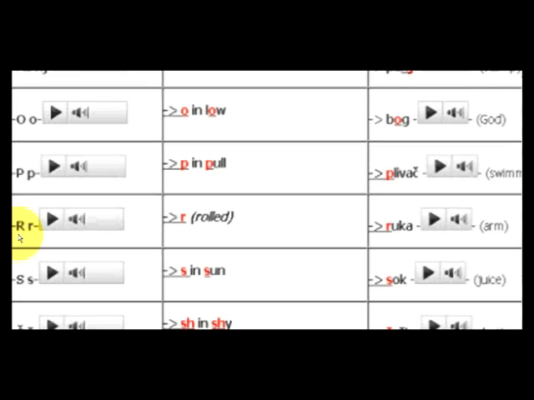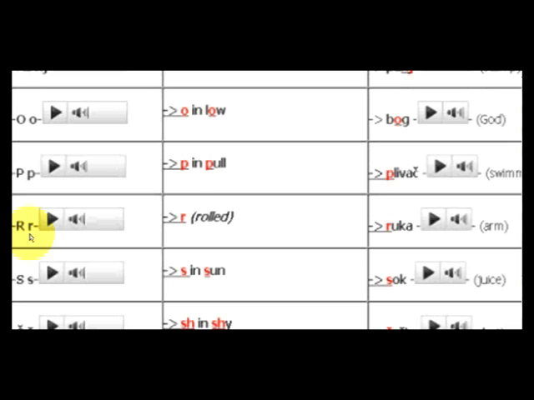R. Veliko slovo R. Malo slovo R. In Croatian we pronounce our slovo R, or letter R, in front of our mouth.